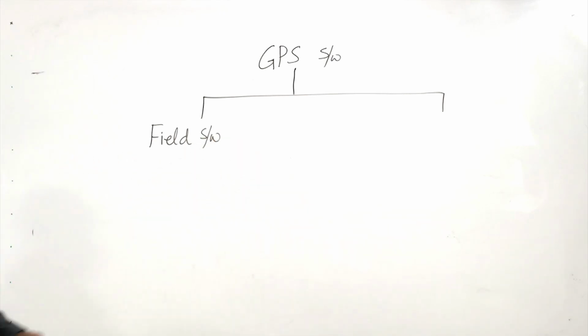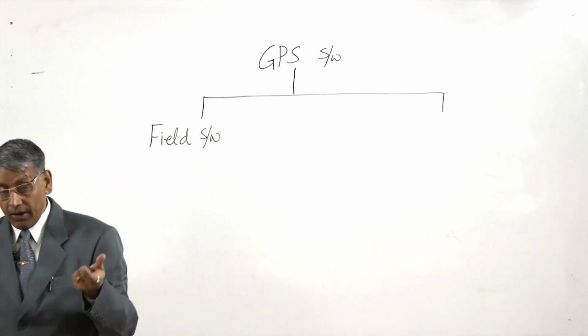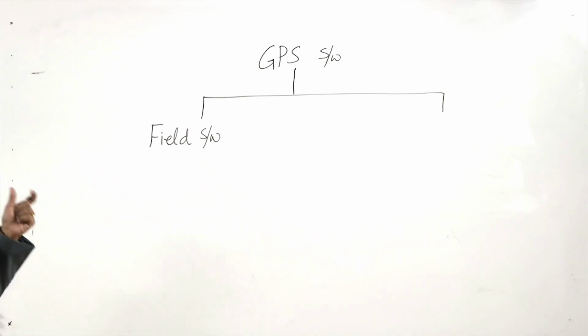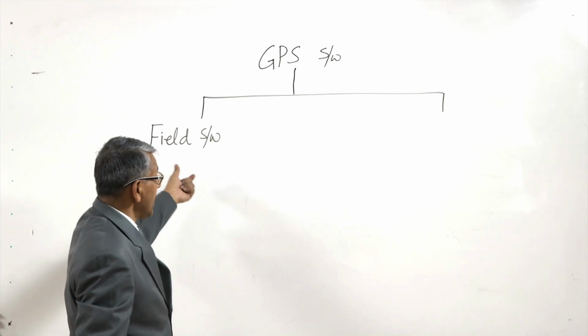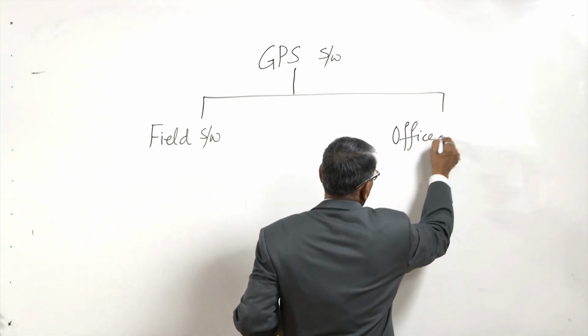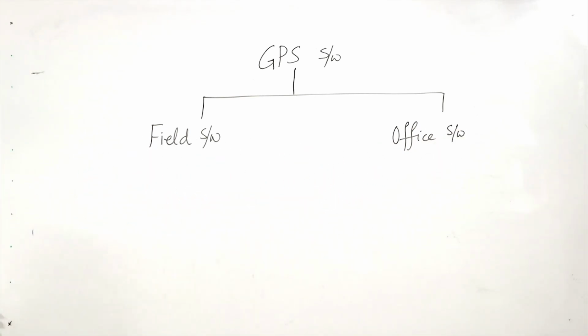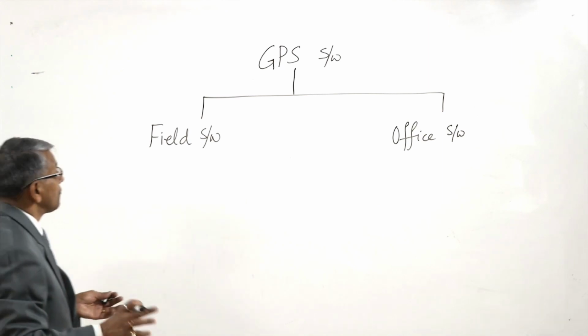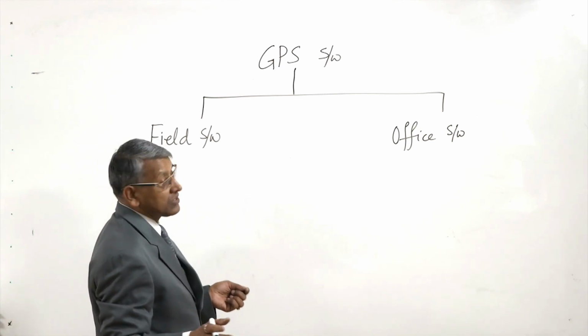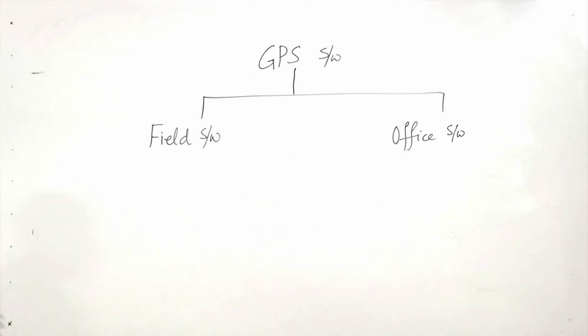From the name itself you can understand that the software used in the field along with the GPS receiver is field software, and the software used in the office for further work with the GPS data is called office software.